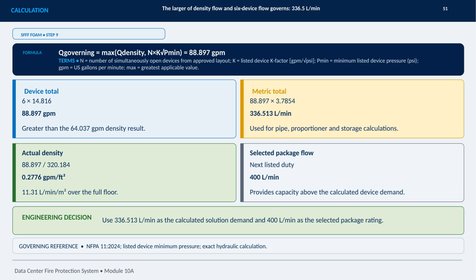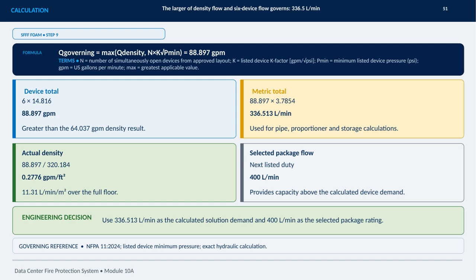When this flow is divided across the full floor area, the resulting actual density is 0.2776 gallons per minute per square foot, or 11.31 liters per minute per square meter. That value describes the achieved flow density, but the governing basis remains the larger device demand.